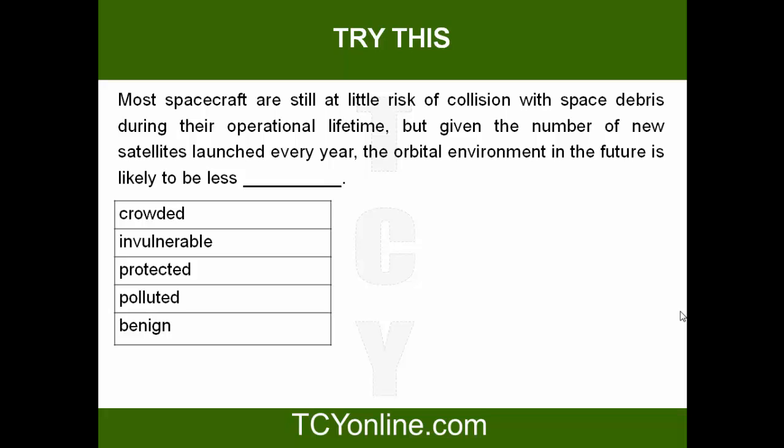I know the orbital environment is going to be kind of unsafe. Yes, it's going to be unsafe because more and more satellites are being launched. So the risk of collision is increasing. The environment is becoming harmful, unsafe. Okay, so I predict that I need a word like unsafe, or let us say harmful.